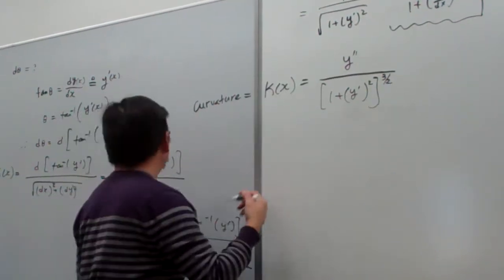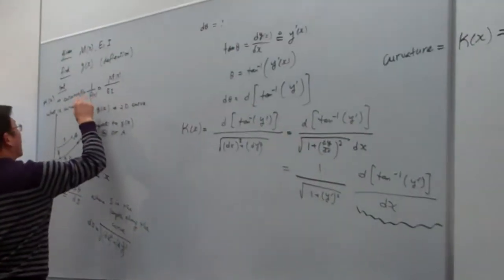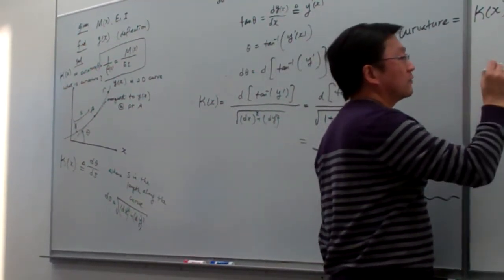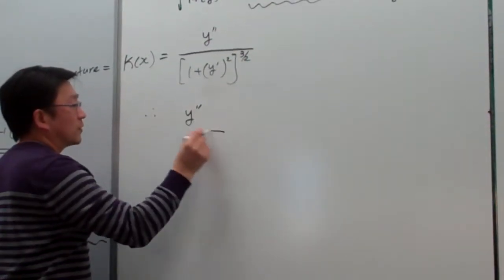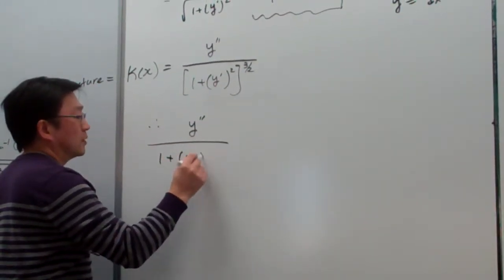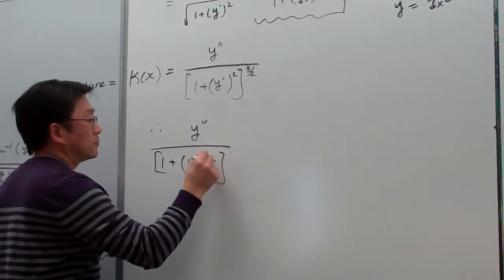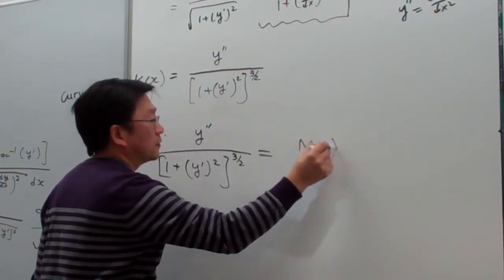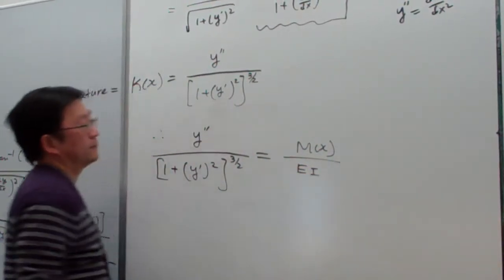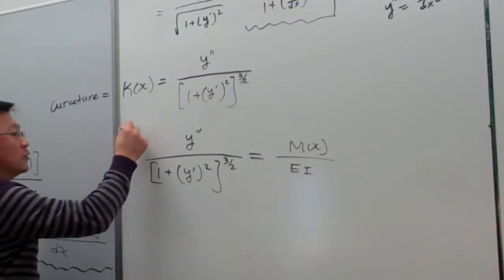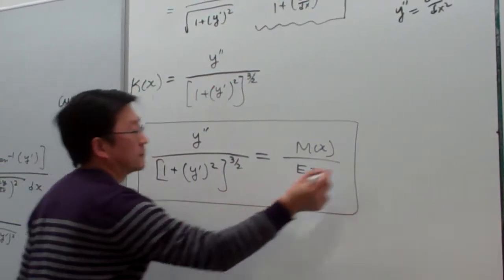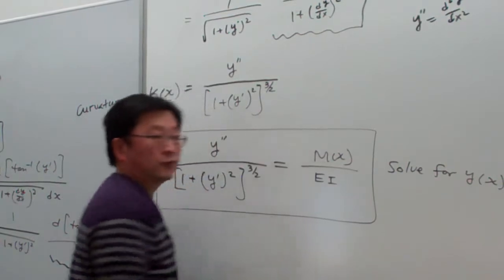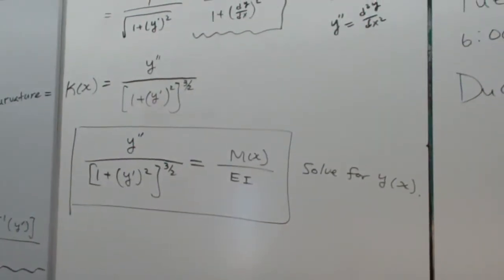So right now we have a curvature, and we introduce it back into our equations. To solve for the deflection, that means y double prime over 1 plus y prime squared to the 3/2 is equal to M of x over EI. If you are able to solve this equation for y, then you have the problem done.